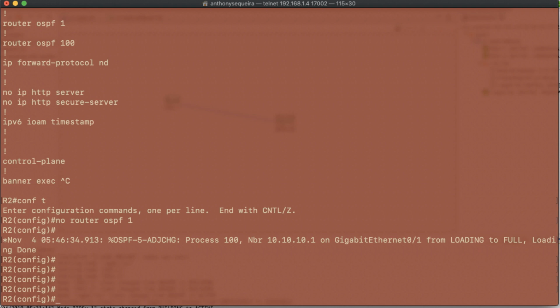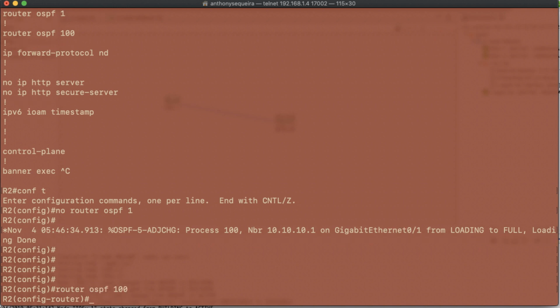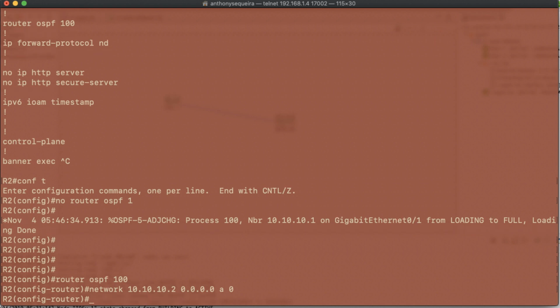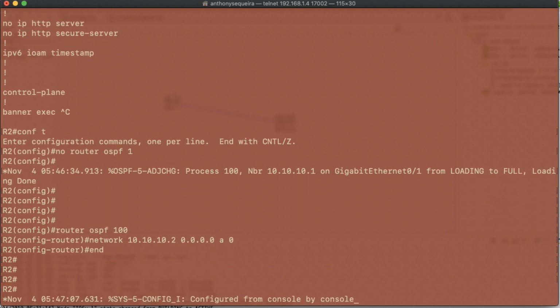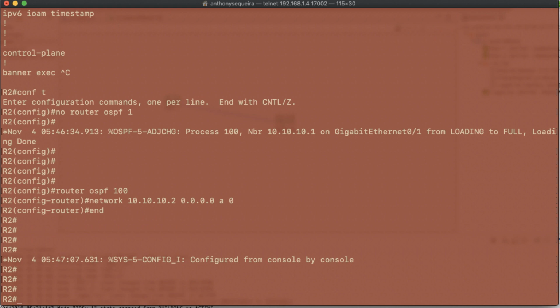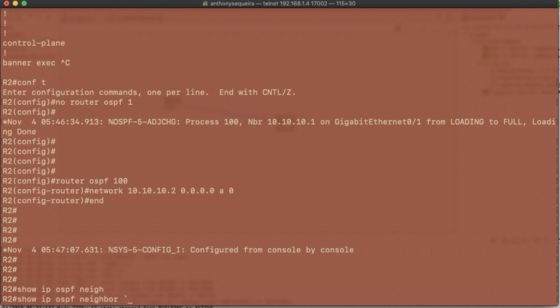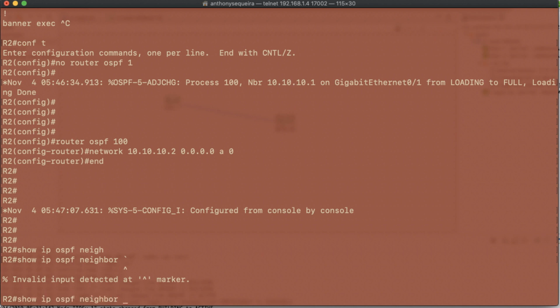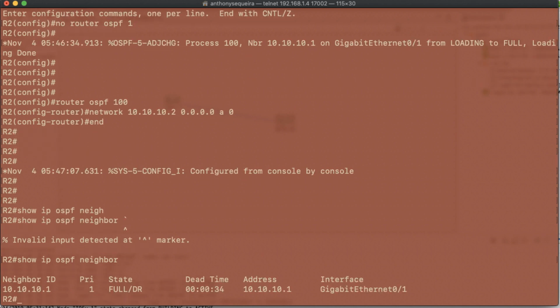I just thought of something. What would happen if we went into the process, and we did a network command as well for the specific interface and put it in area 0? I guess that just has no effect. Show ip ospf neighbor. And yeah, it's just doing nothing with that command.